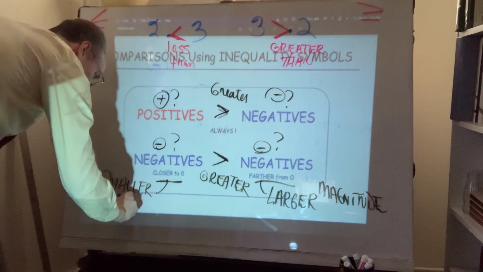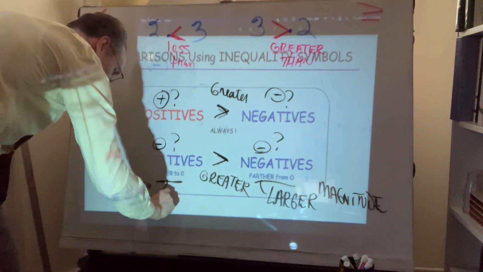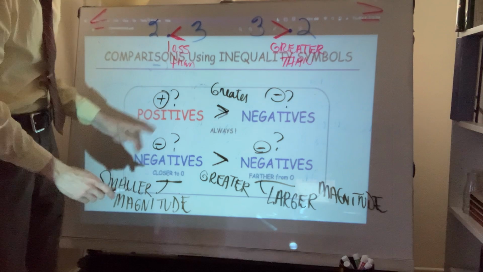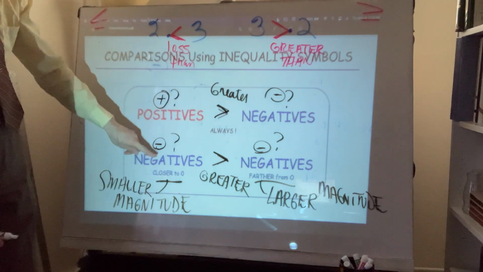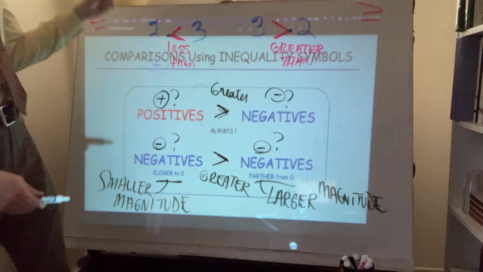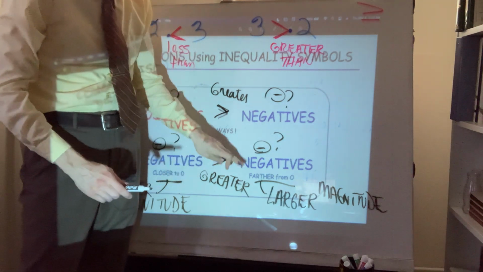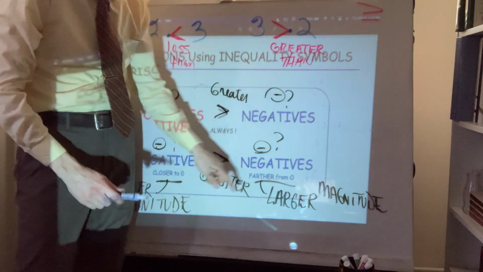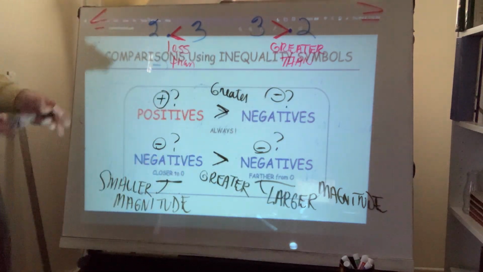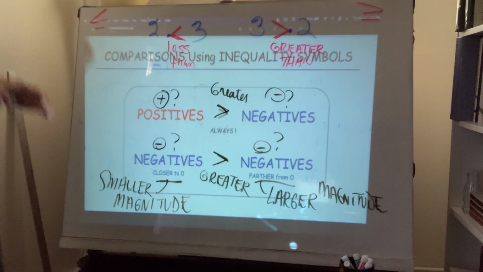And for that reason, it might seem counterintuitive to us, which is why I'm mentioning it. But convince yourself that this is truth. Negatives closer to 0 are closer to the positives, as well, and are always going to be greater than the negatives that are farther from 0, in spite of the magnitudes, in spite of the size of the numbers.